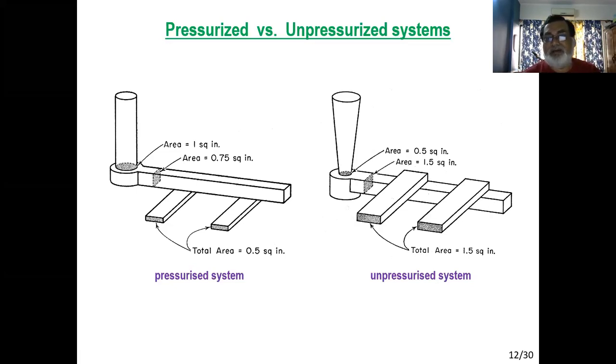But if we increase the area, there is no back pressure of the liquid. As a result, there is a chance of entering air into the running system because of not filling the running system completely by the liquid metal, which is a problem. So there will always be a chance for incomplete filling of the running system in this type of gating system.